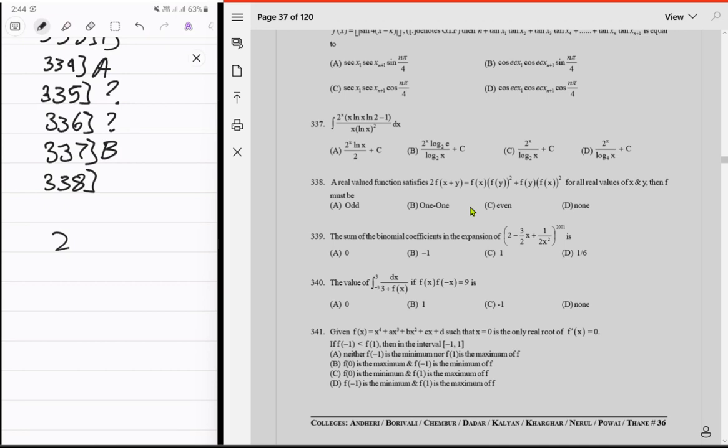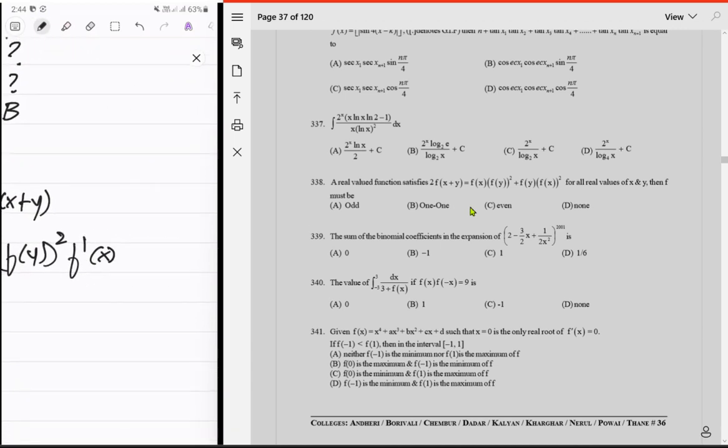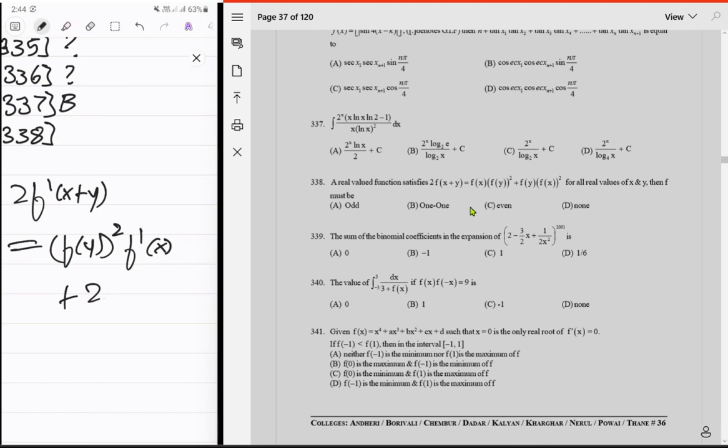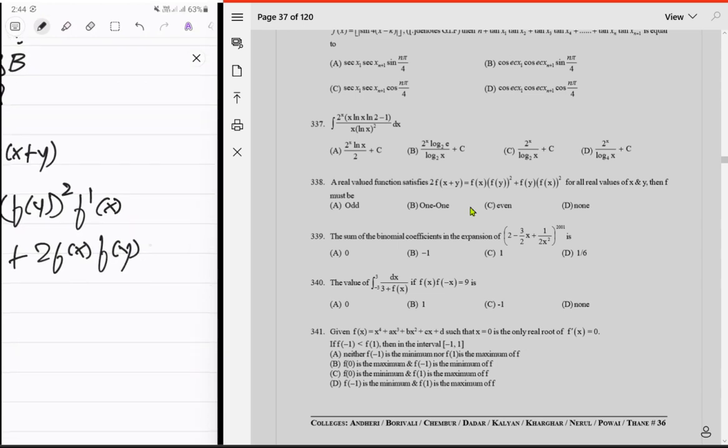Hopefully it's not. Okay, it's just 2f dash of x plus y. I'm taking partial just with x, of course. So यहाँ पे क्या जाएगा f of y का square. Then you got f dash of x plus 2f of x f of y, because that's a constant. And then you just have f dash of x, right?